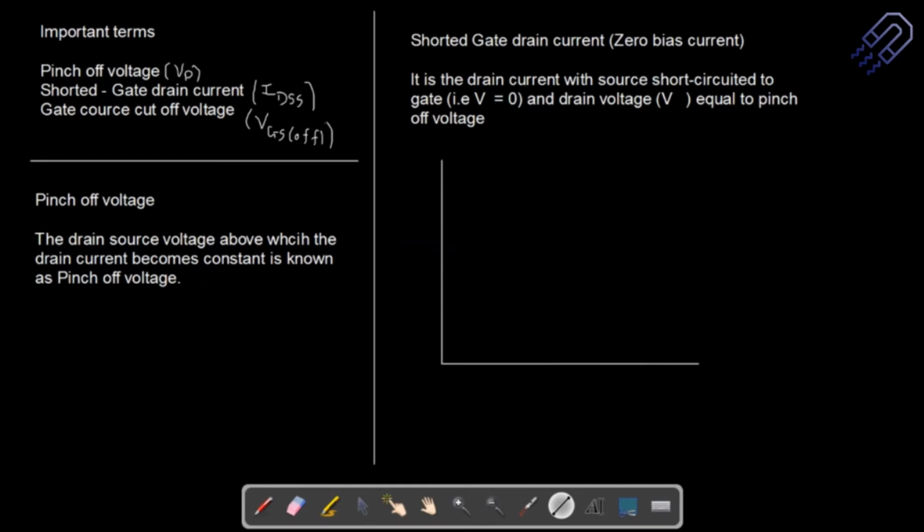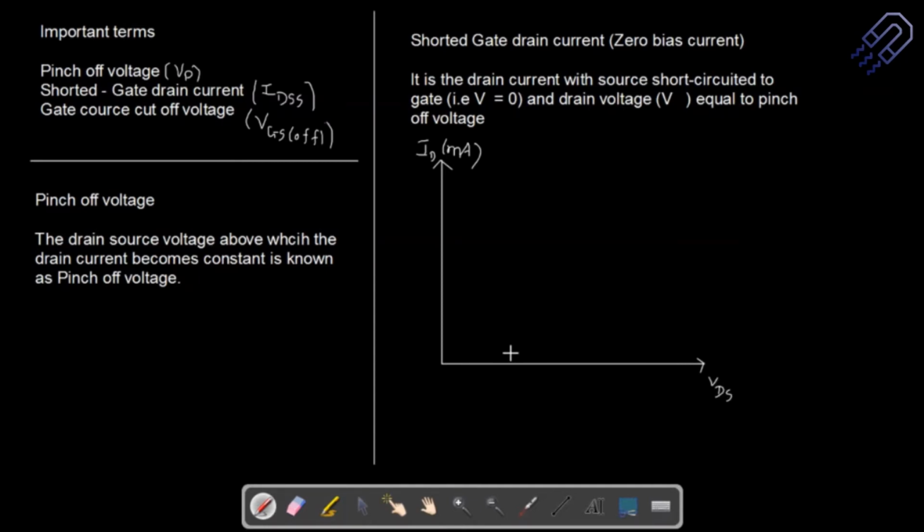So let's draw the graph once again, but this time we are just going to take one part of the graph. Let's write down ID here. The unit will be in milliamps, you get milliamps of current here mostly, and VDS across this end.